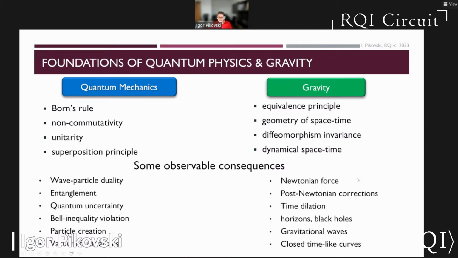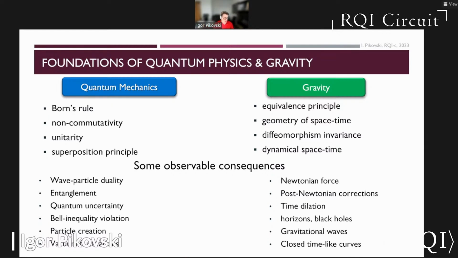And on the gravity side, well, to lowest order, we have just the regular Newtonian force, but we have, of course, post-Newtonian corrections, but they're not just a correction to the force, there's a metric nature to that, showing itself in unique phenomena that don't appear in other theories, such as time dilation. We also have strong field predictions, such as black holes, and resulting phenomena like gravitational waves, and very funky things like closed time-like curves, and so forth. So, of course, it's not an exhaustive list, but just to give a little bit of a flavor.